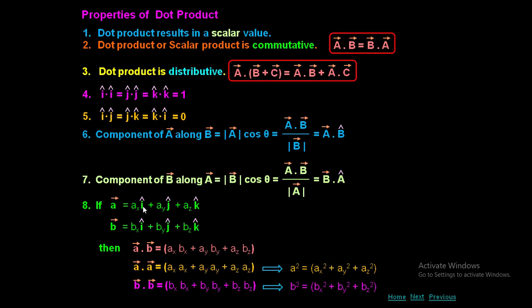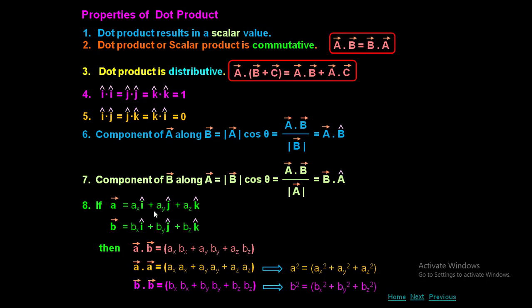But if you multiply i with respect to j or i with respect to k, you are going to get 0 value, because according to property 5, it is 0. So always in dot product, i should be multiplied with i, j should be multiplied with j, k should be multiplied with k. If the unit vector is multiplied with the perpendicular unit vector, the value becomes 0.